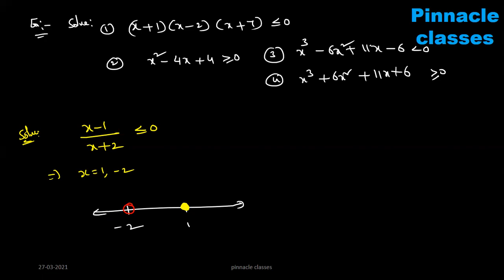That's why at x is equal to minus 2 undefined, and x is equal to 1 is defined. Be careful. Then 1 is included, minus 2 is excluded. Fine, as usual. Sir, I didn't understand why minus 2 is excluded. If I'm taking x is equal to minus 2, x plus 2 is how much?